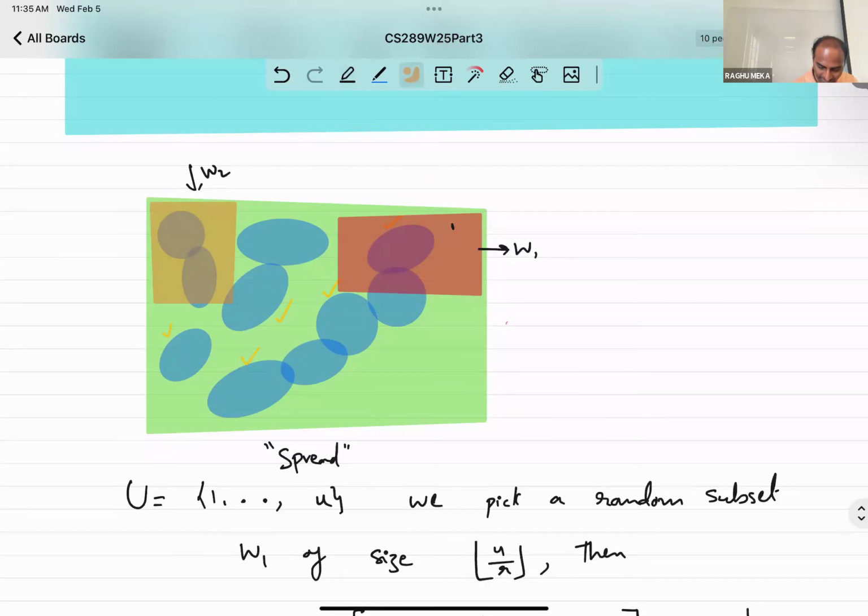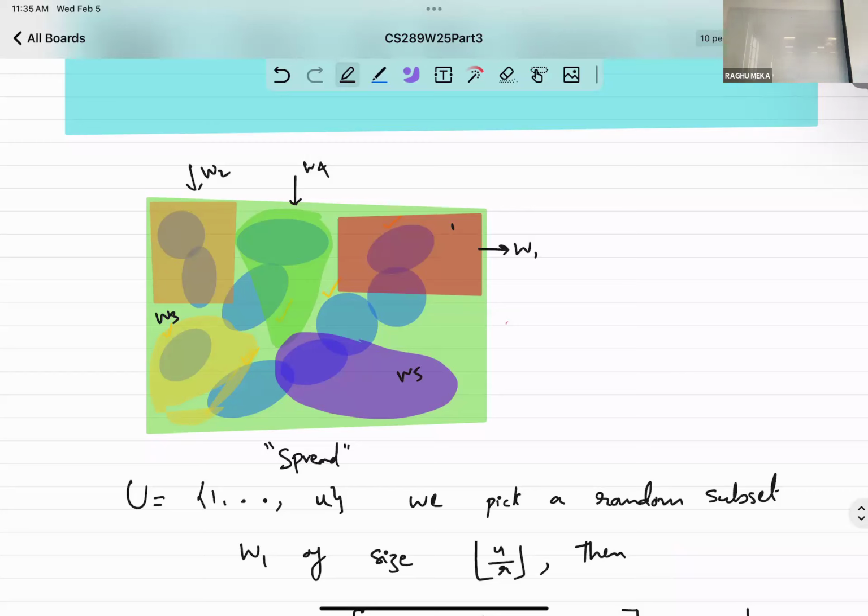And then I have W3, maybe something like this. Maybe I have W4, and so on.